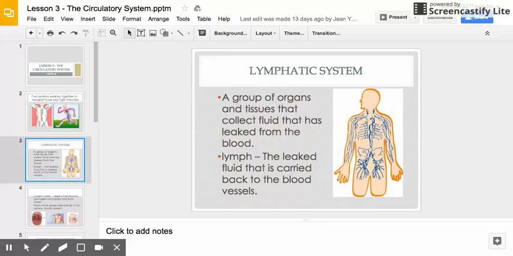That fluid is called lymph, and it leaks out of those narrow arteries and veins and capillaries. It's captured by the lymphatic system, filtered out, and then returned to your cardiovascular system. You can see in this diagram, all of the blue lines show you the vessels that the lymph travels through.